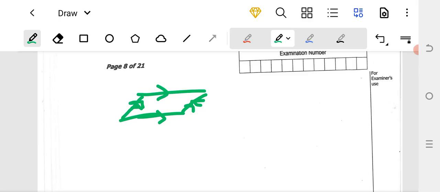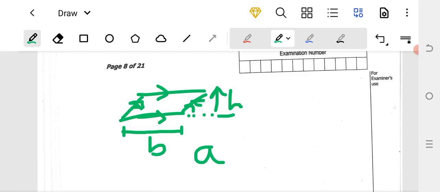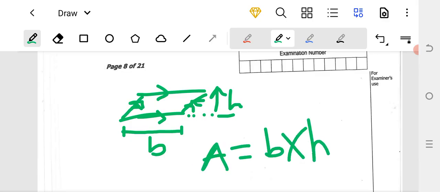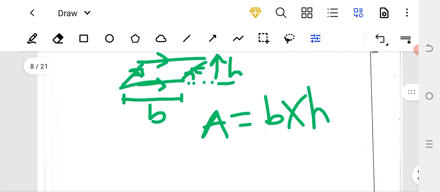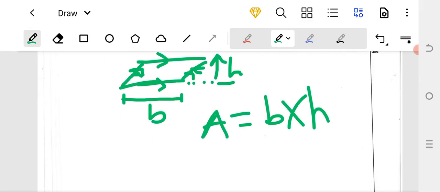So from the bottom to the top, that is the height, and then the length here is the base. The area of a parallelogram is equal to base times height. That's the same formula for a rhombus.